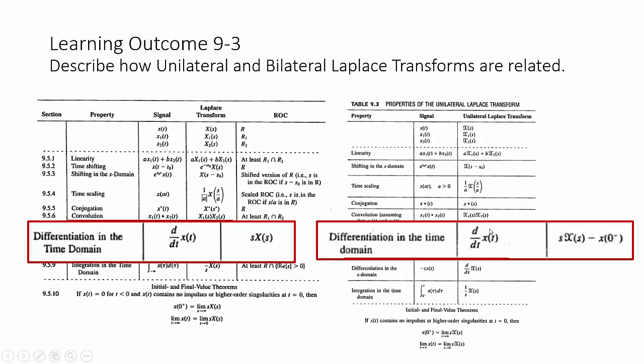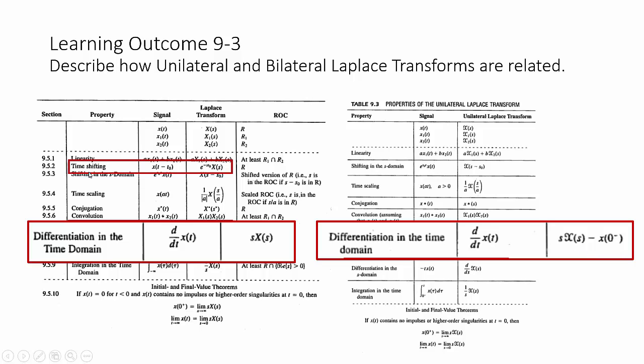And for your unilateral, the derivative gives you again your sX of s, but now you have this initial condition. We did not have that in the bilateral because the initial time for bilateral is at negative infinity when nothing's happening. You saw this all the time in your differential equations class and your circuits class, and they didn't tell you why you were using that, and that's why it's not here.